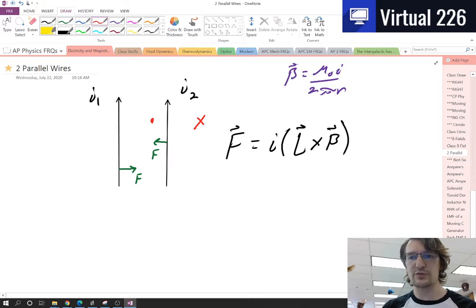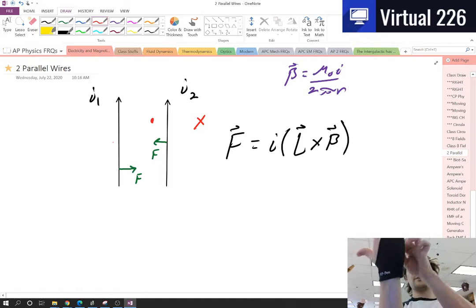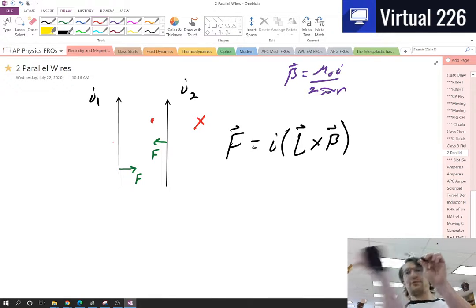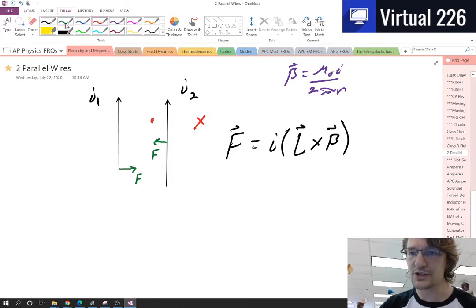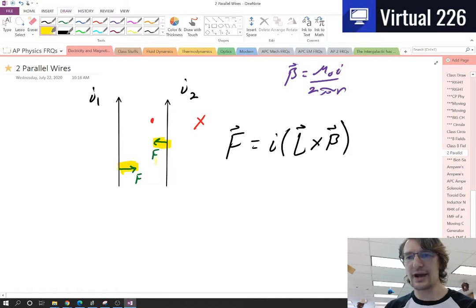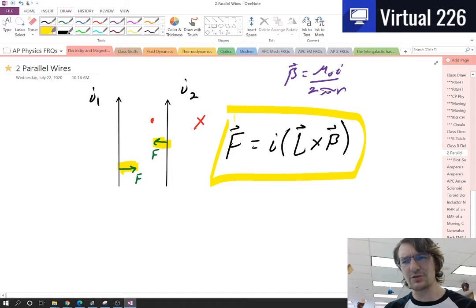I use the same Laplace force. I put my fingers going up, the B field's coming out, so I curl into it. I'm going to see I have a force acting this way, which is this rightward acting force here. So this attractive force is given by this equation, but it's also given by this.